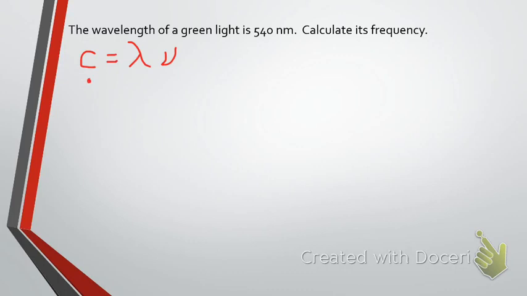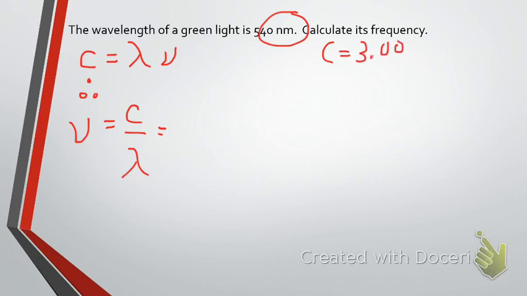So therefore, the frequency is going to be equal to c divided by lambda. Now, the one thing to keep in mind is lambda in this instance is given in nanometers, and we need to convert that to meters, because c is a constant of 3.00 times 10 to the power 8 meters per second.